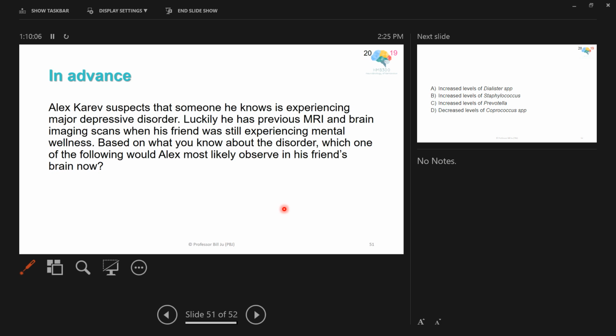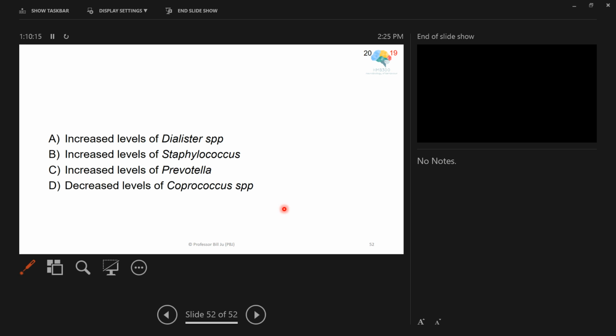And then I give you what we are increasingly trying to get you to think about, because it's actually a better type of question to get in advance if you're really studying. Again, I don't want there to be any surprises for you, but here we're looking at different changes in bacteria. Here's how I would want you to think about it. Dialister is one that I've shown you related to depression, and so is Coprococcus.